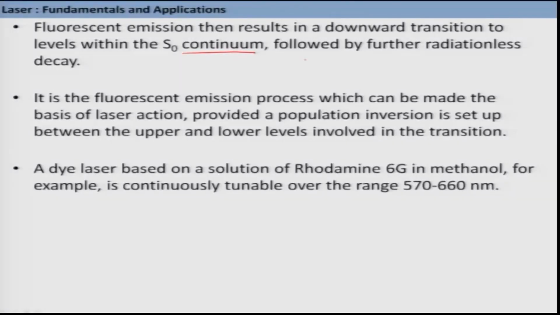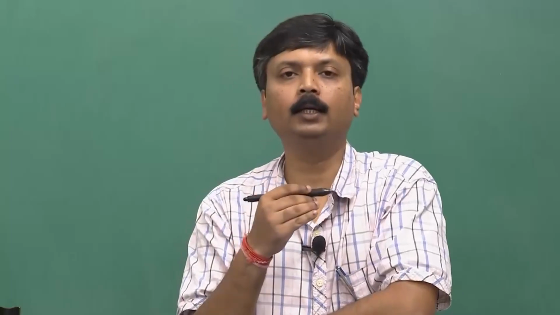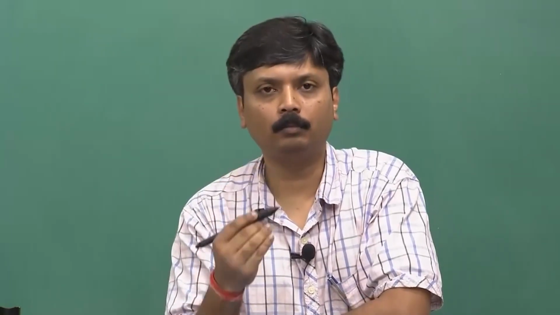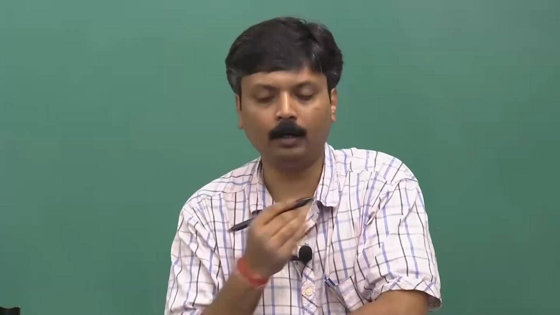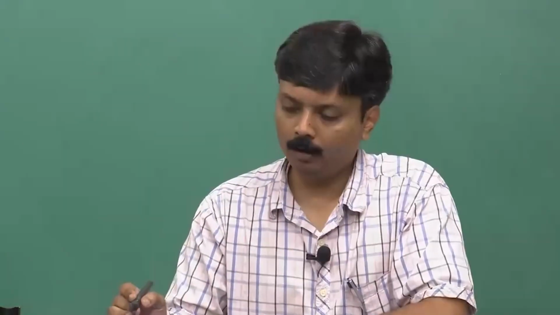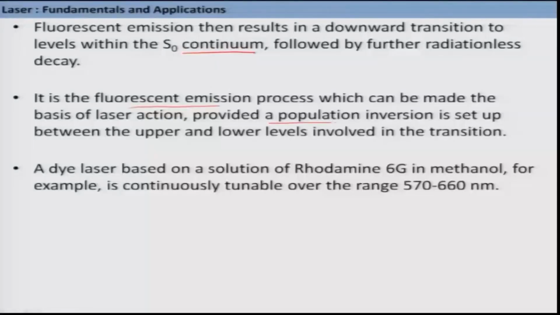Now you utilize this fluorescent emission as a laser output. Of course, this is only possible when population inversion is created. If it is possible to create population inversion, it will act as a lasing system, otherwise it won't.